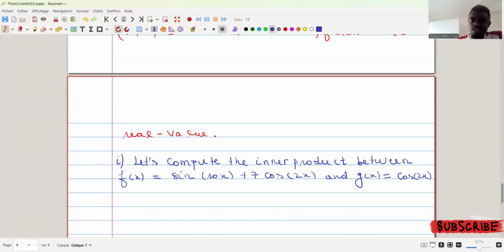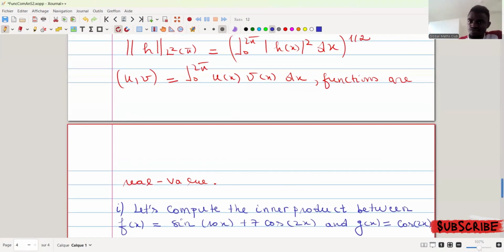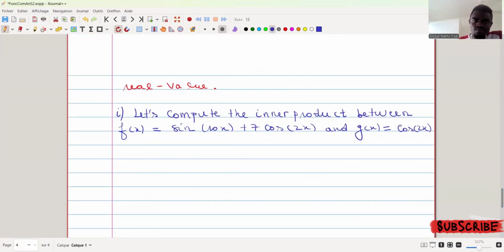So as you know, these are real-valued functions. So what we need to do is just to use this formula to compute the inner product. I hope that this definition of inner product is the same thing that was given to you during the lecture. So the inner product between f and g is just the integral from 0 to pi of f(x) g(x).